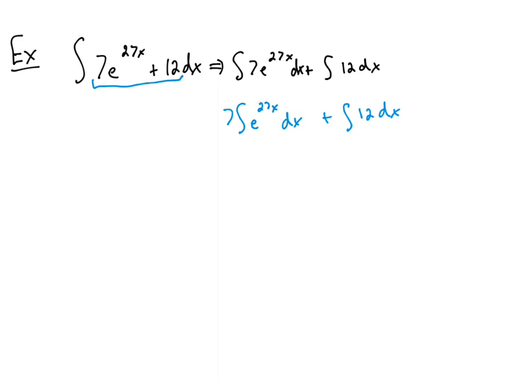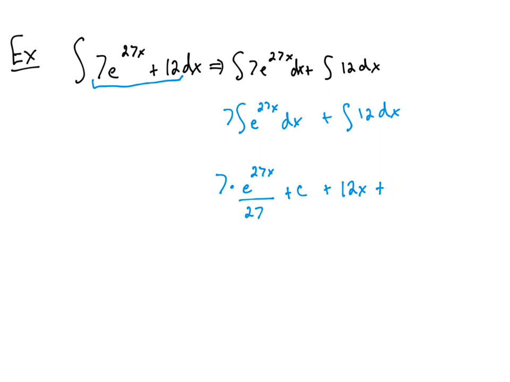For this first integral, I'm going to have 7 times e to the 27x, and then we divide by whatever the coefficient is on that exponent. And I can write plus c here. And then for the second integral, the integral of 12 is just 12x. And I could write c again.